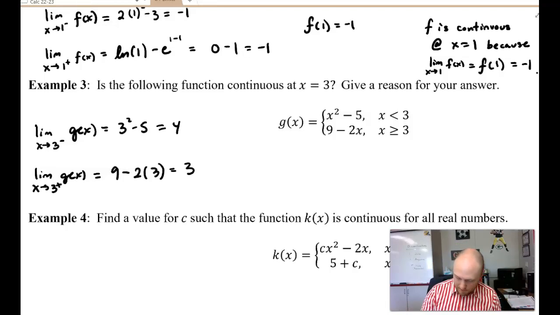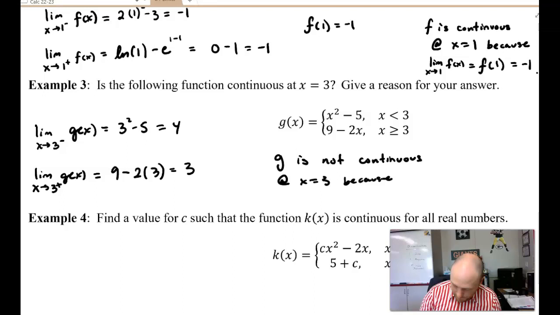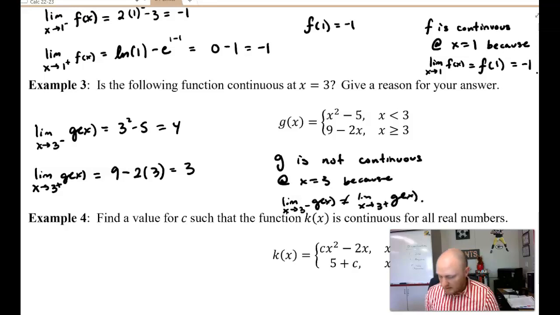We can say g is not continuous at x equals 3 because the limit as x approaches 3 from the left of g of x does not equal the limit as x approaches 3 from the right of g of x.